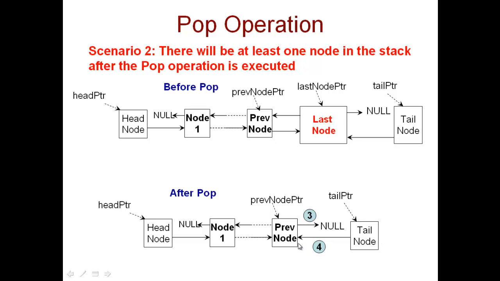This is pointing to the address of the previous node. So that means this last node is now isolated. It will still be linked to this previous node, but there's no use of it. You cannot access this node at all. You have cut off this link in both directions. So you cannot go to the last node in the forward direction, as well as you cannot go to the last node in the reverse direction.